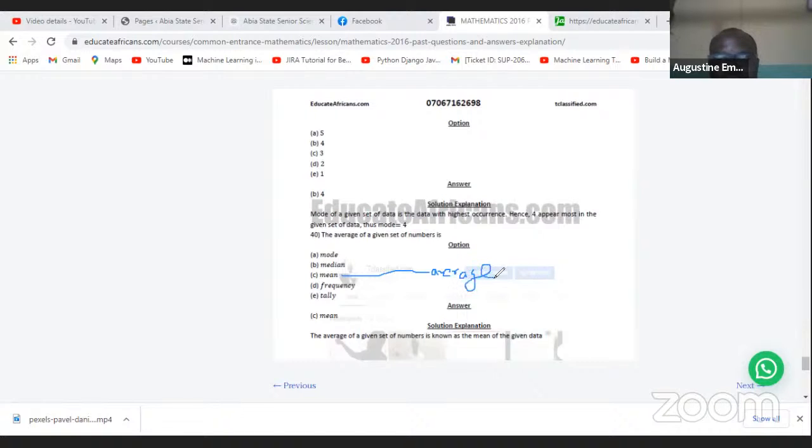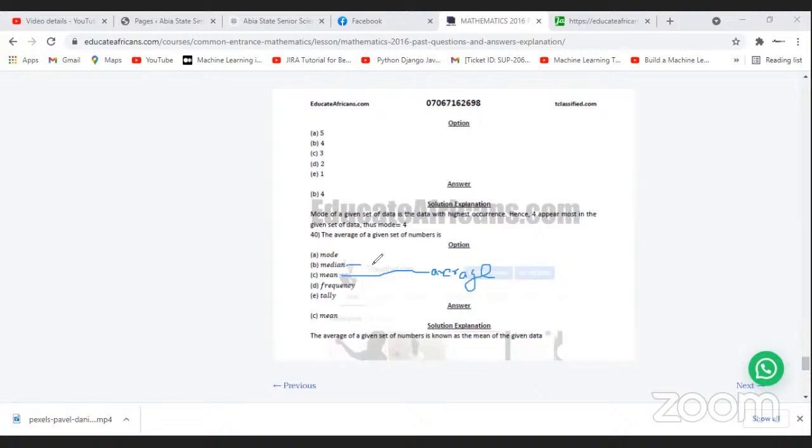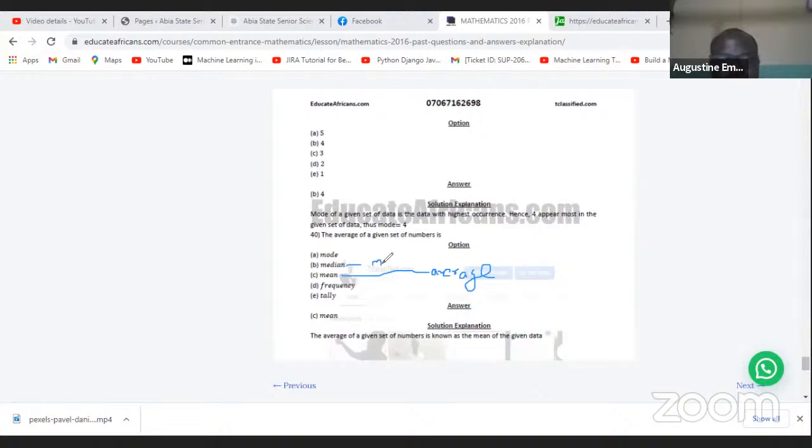So, Mona, the average is the mean. The median is the middle number, whereas mode is the highest occurring number. Is that clear?